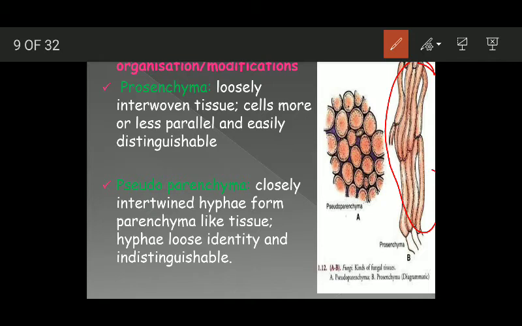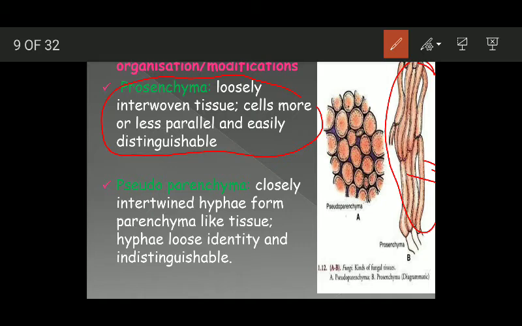Here you can see this is one hypha, this is another hypha. They are more or less placed parallel to each other, and you can easily distinguish one hypha from another. So parenchyma consists of loosely interwoven hyphae, and the individual hyphae are easily distinguishable from other such hyphae.